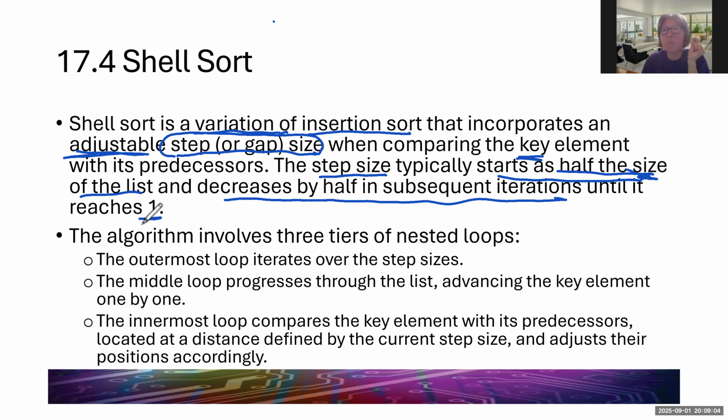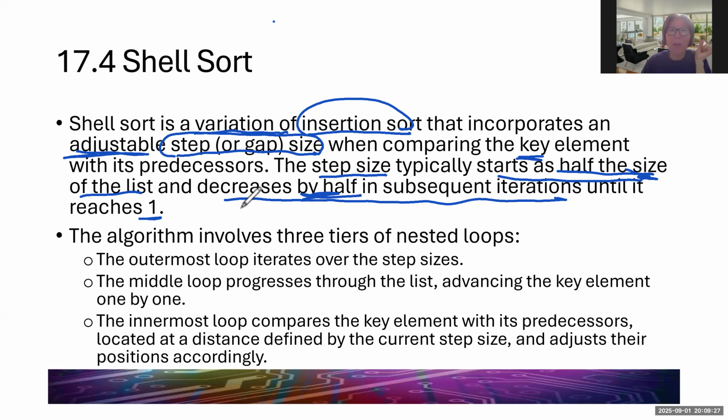But when the step size is one, basically it's insertion sort. So that's the difference between shell sort and insertion sort. It uses an adjustable step size, and that step size starts as half of the list and decreases by half each time.